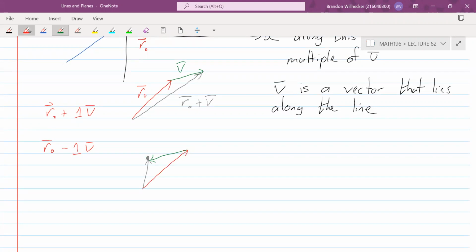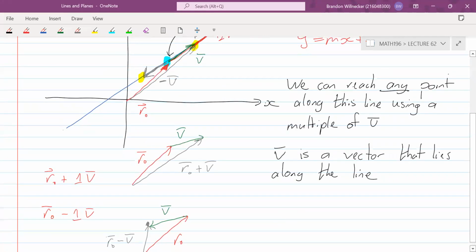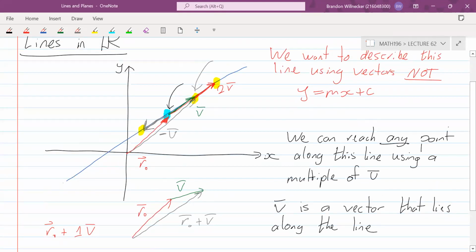Again, this is R0, this is v, and this is going to be R0 minus v. So with appropriate vector addition, we can reach any vector along this line. First we go from the origin to this point with the red vector R0, and then if we add a multiple of v, we end up anywhere along this line.